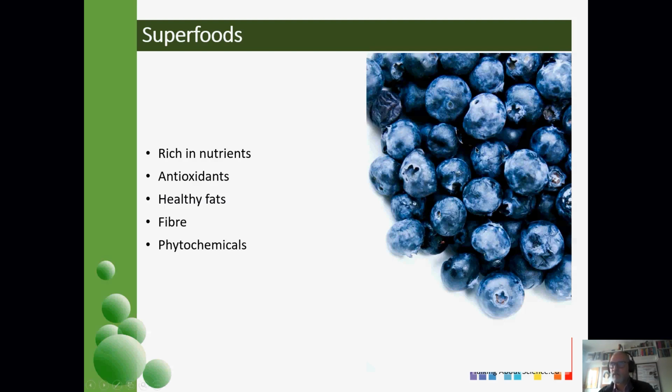So superfoods are a class of, well, it's a name. It's not a real class. It's a name which is given to certain types of molecules, certain types of fruits, or certain types of foods. And you have things like they may contain antioxidants. They may contain healthy fats rather than saturated fats.